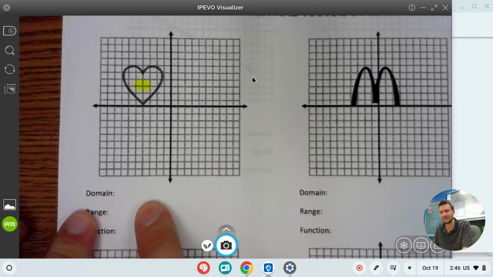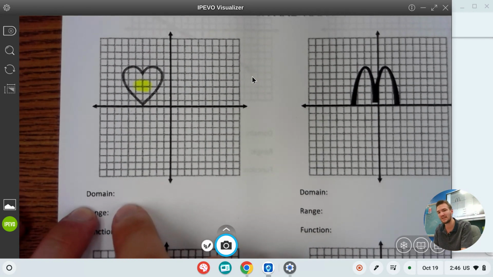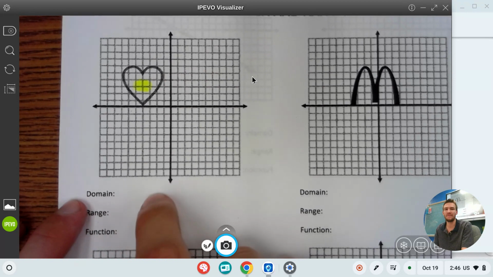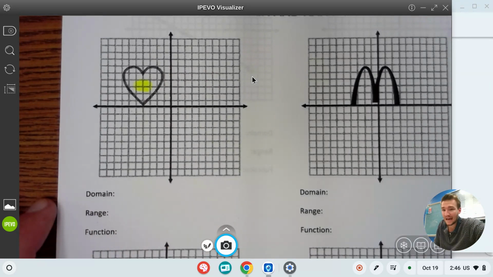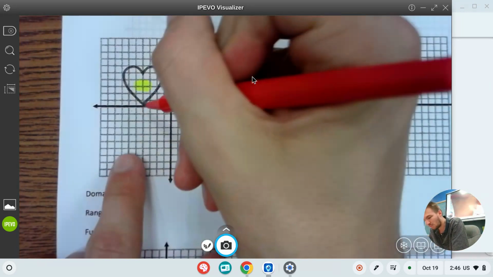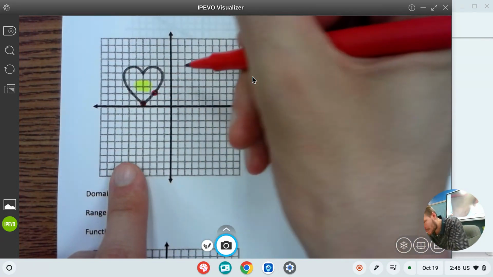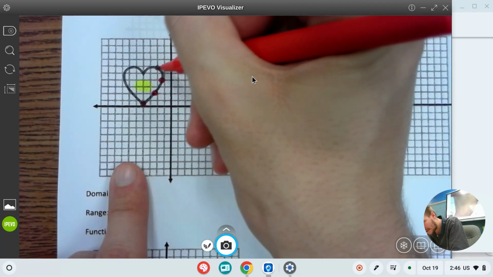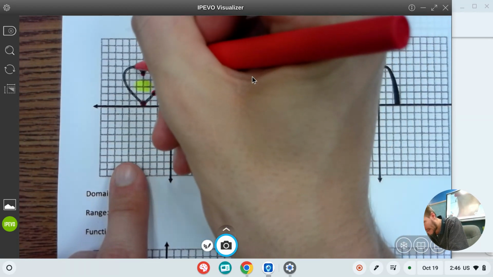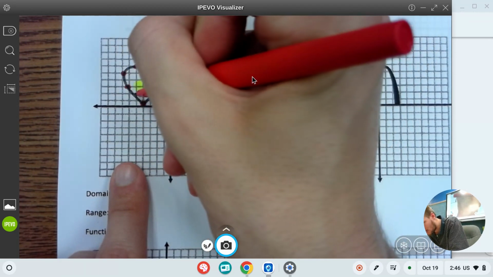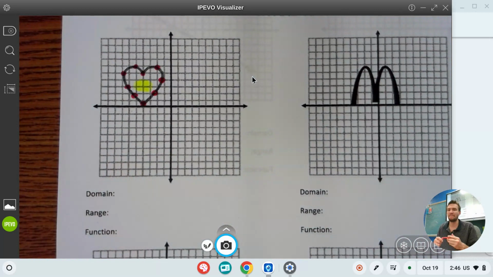We need to list in our domain every single place where you could find the heart. And the problem with that is, we'd have to list this number right here, we'd have to find this coordinate, and this coordinate, we'd have to list all of these coordinates. But the real problem is, that's not even enough.